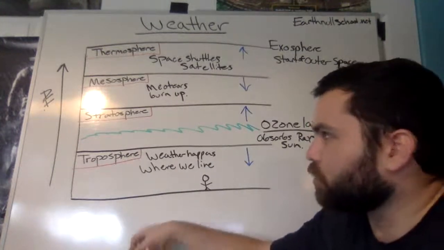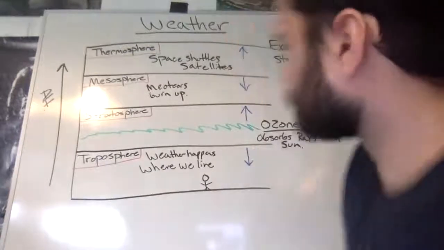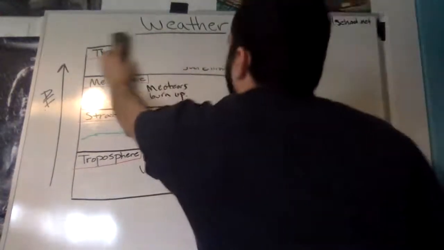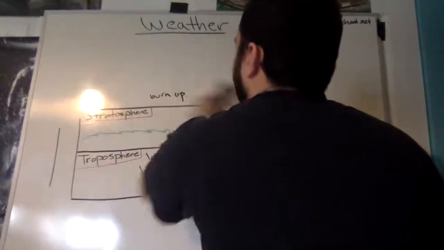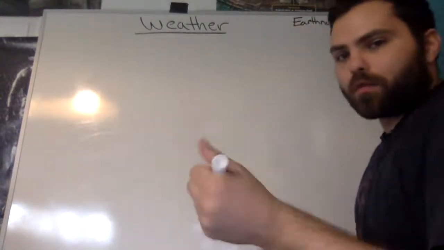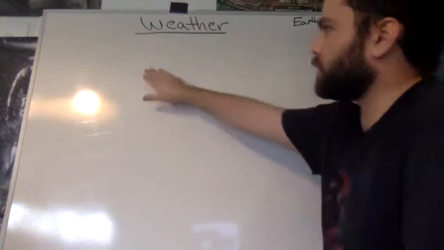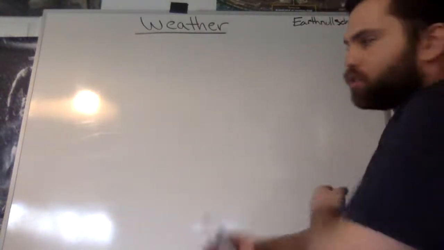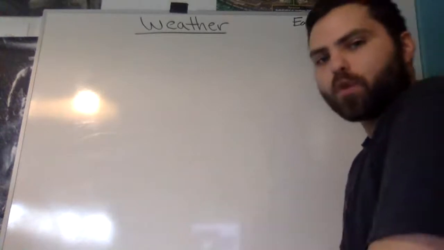So I'm actually going to erase all of this, all right? And again, this is just an overview. I'm going to have other notes that actually go into it, YouTube videos and assignments, okay? This is just a very brief overview of everything.